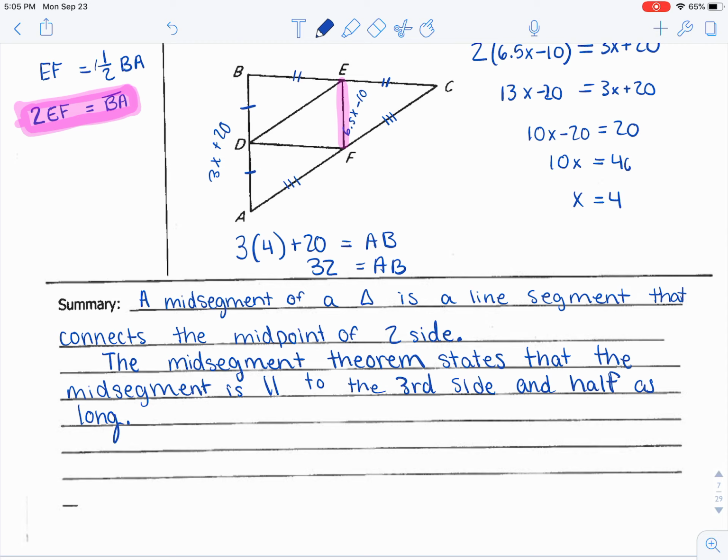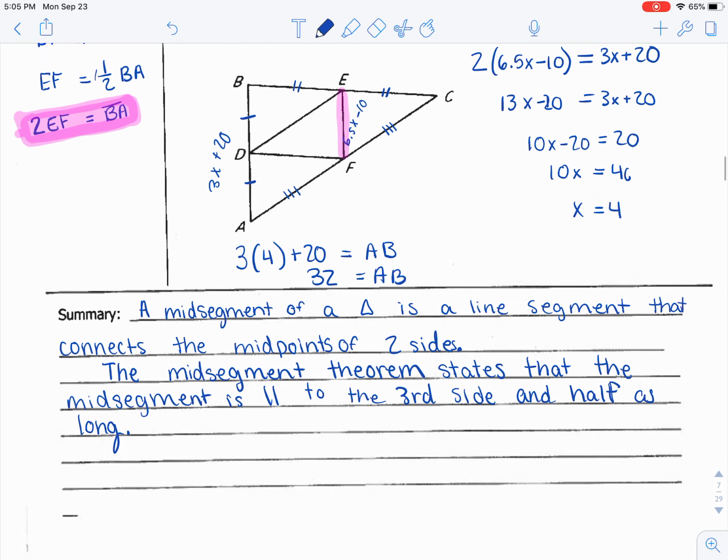Again, summarizing our notes, we learned that a midsegment of a triangle is a line segment that connects the midpoints of two sides. The midsegment theorem states that the midsegment is parallel to the third side and half as long.